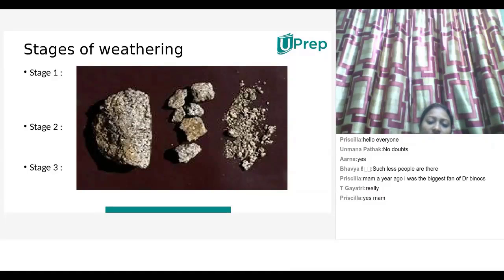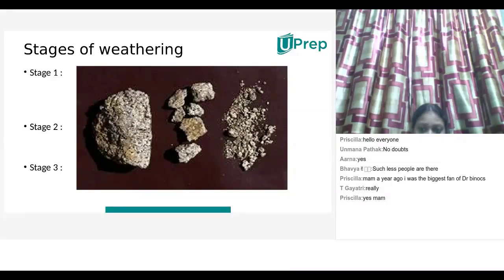So there are different stages of weathering. From one form to another, like a bigger rock to a smaller rock, it takes many years. They require some chemicals. In stage one, it requires both physical and chemical weathering. After that, it starts converting into smaller rock particles along with water and some natural activities.